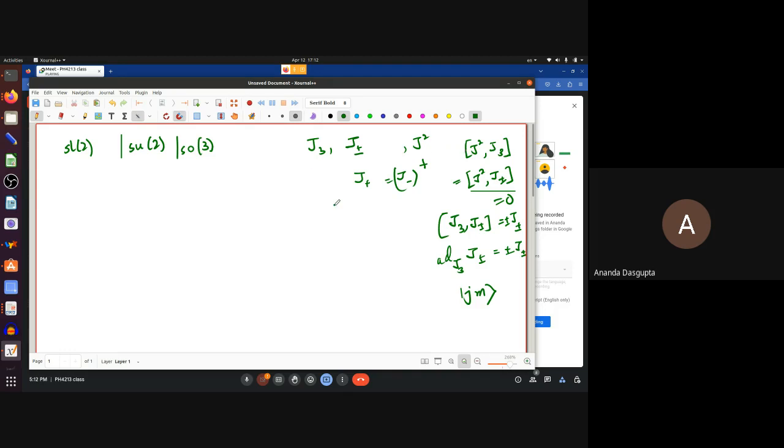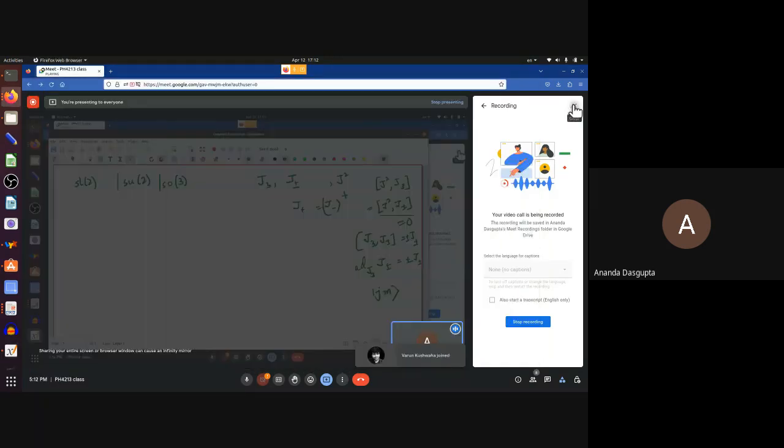So this result in particular, that J plus and J minus are adjoints of each other, which follows, of course, from the fact that J1, J2, which are going to be making up J plus and J minus, are actually Hermitian themselves, will not be available to us. Also, the fact that there is a J square which commutes with J1, J2, J3, and we are looking for simultaneous eigenstates of J square and J3, we are not going to make much use of that fact.